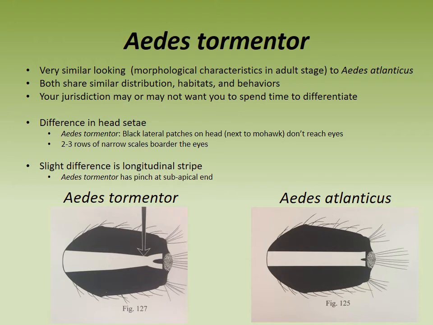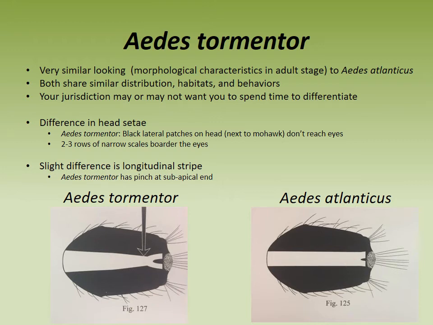This one is a little more difficult, but it's looking at the shape of that longitudinal stripe down the thorax. With tormentor, there is a slight pinch down here at the end, whereas the atlanticus goes straight across, does not have that pinch.